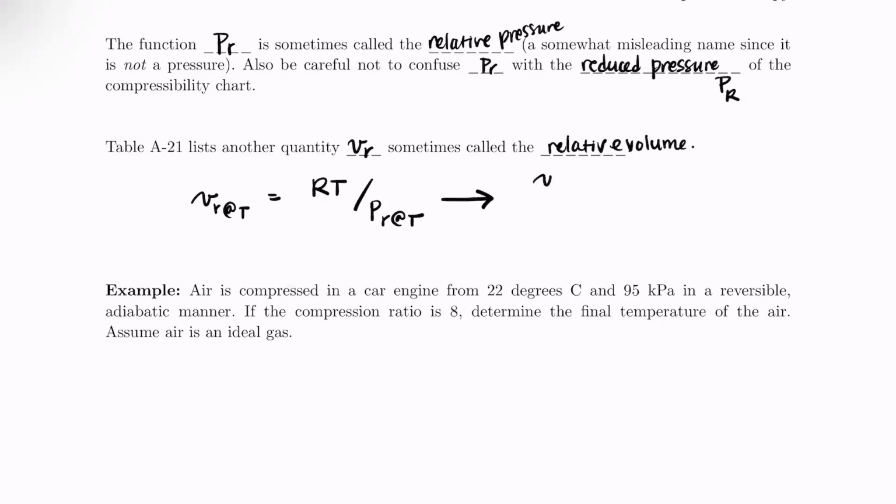This means that we can find the ratio of specific volumes for a process between 1 and 2 as VR at T2 divided by VR at T1, or VR2 divided by VR1.